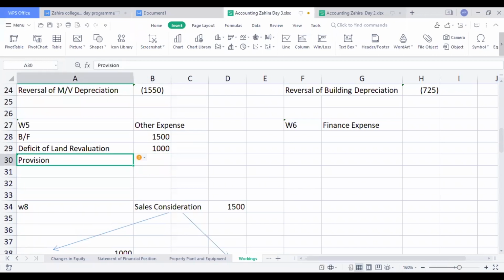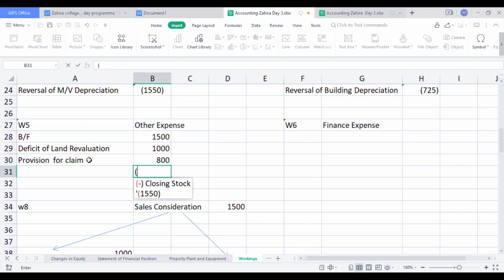Provision for claim, I'll write it as provision for claim. 800. And how much you need to deduct? How much you actually paid? 550.